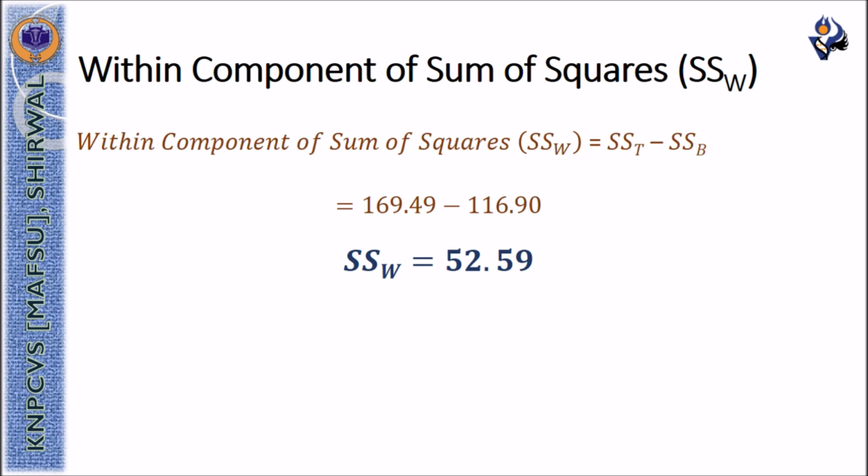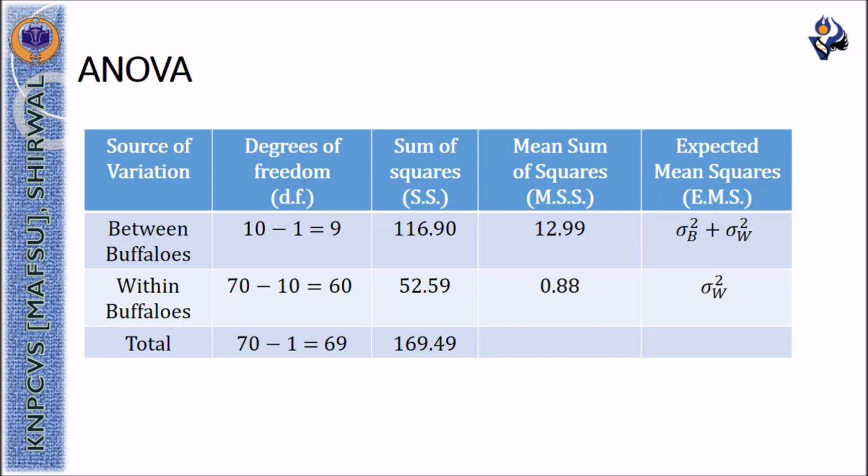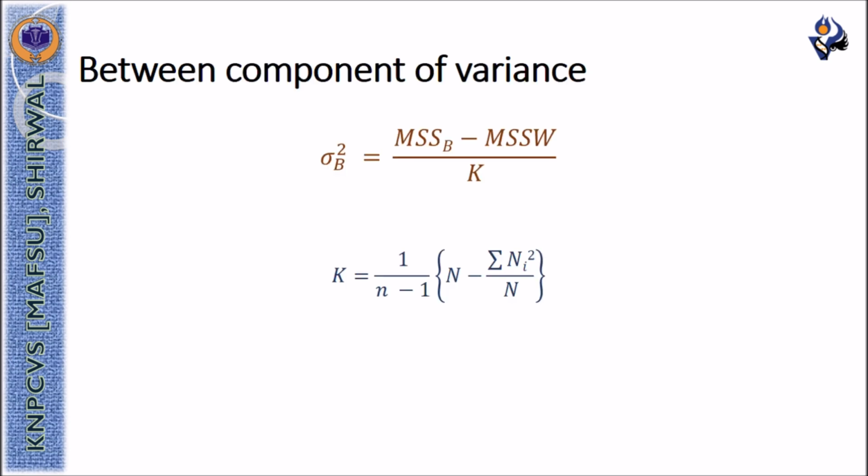Now, within the component of sum of squares is calculated by taking total sum of squares minus between the component of sum of squares, and therefore within component of sum of squares comes to 52.59. Putting the values of sum of squares in the ANOVA table, we can find out the mean sum of squares. And based on mean sum of squares, we can estimate the components of variance.